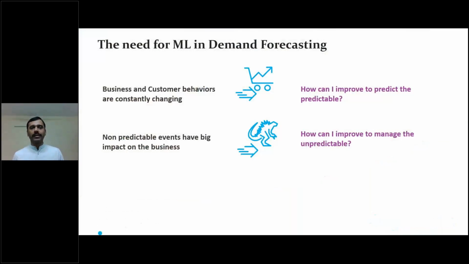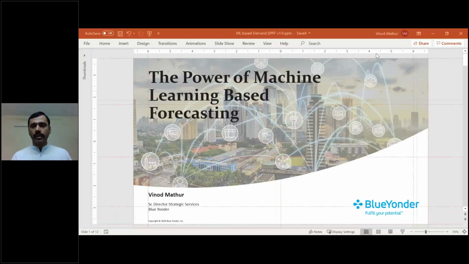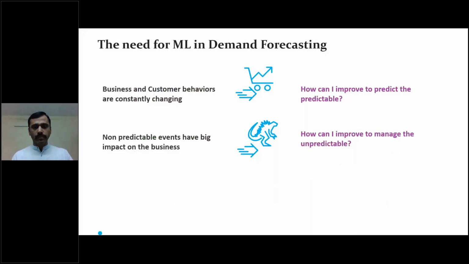So the need for machine learning is well established. Businesses are looking for these two aspects in terms of how can I improve what can be predicted, and for the situations or events that cannot be predicted, how do I manage those? How do I get a good handle on those events, right?